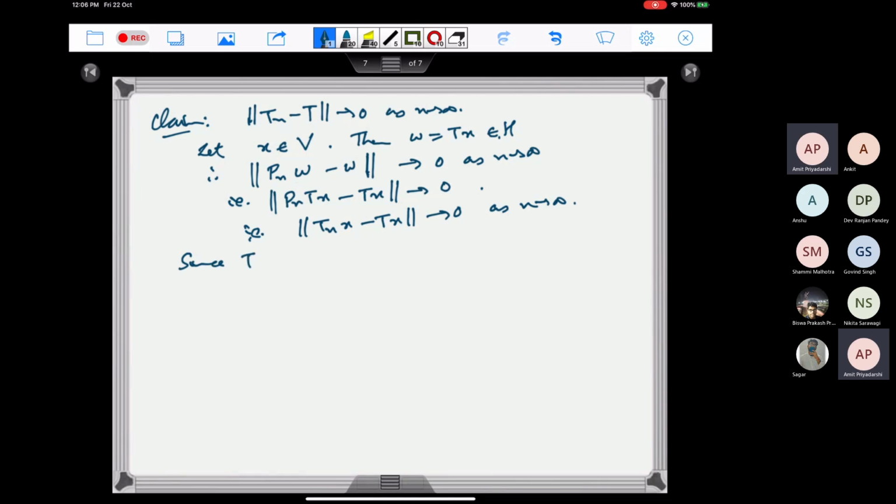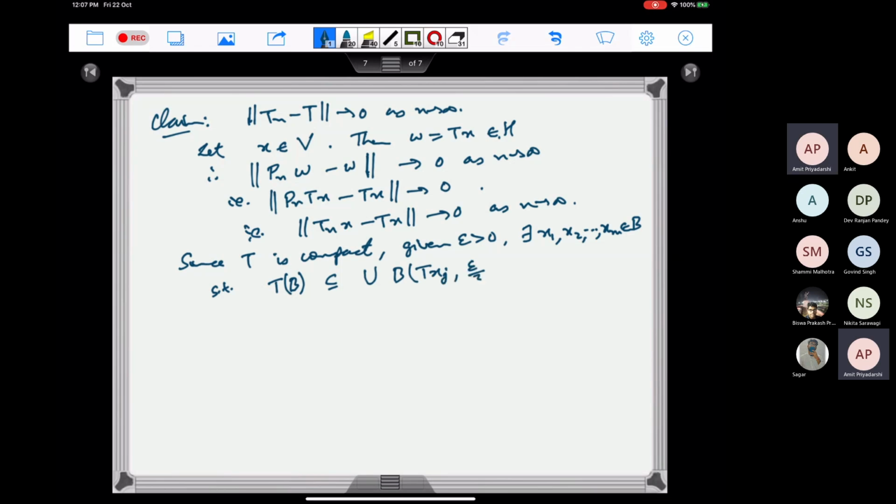Now since T is compact, given any epsilon positive, there exist x1, x2 up to some xm in B such that T of B is contained in the union of the balls around Txj of radius epsilon by 3.